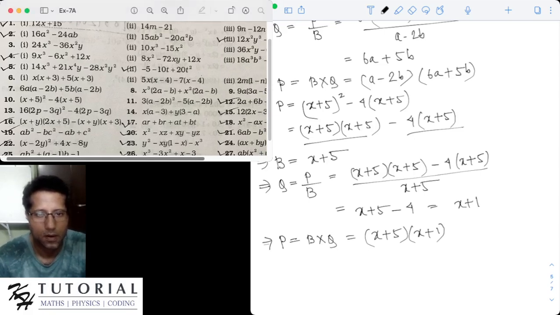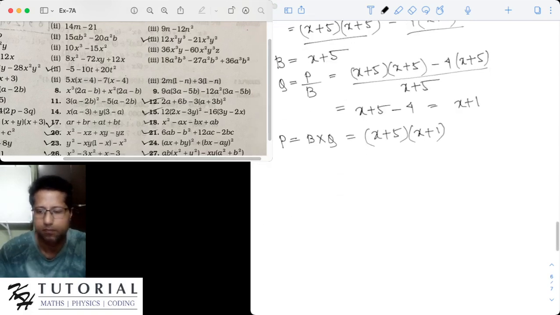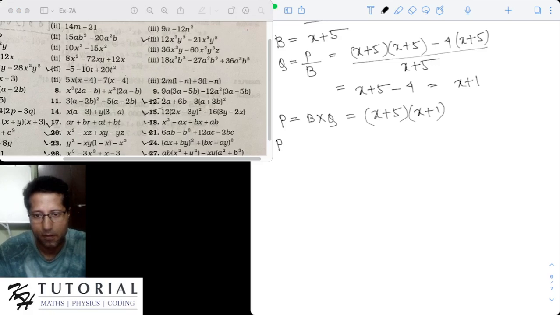Okay. Let's do problem number 12. The given polynomial is twice (a + 6b) minus 3 into (a + 3b) square.